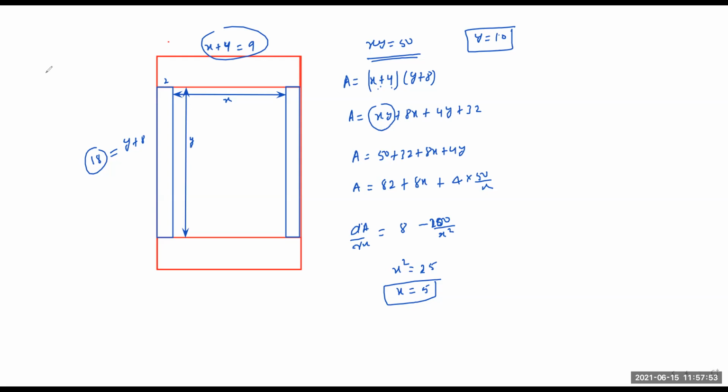Yes, sir, but 200 upon x square, how will you differentiate it? The 200 is a constant, you can take it out. And what is the derivative d by dx of x power minus 2?